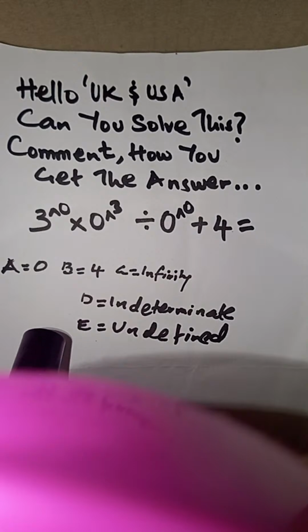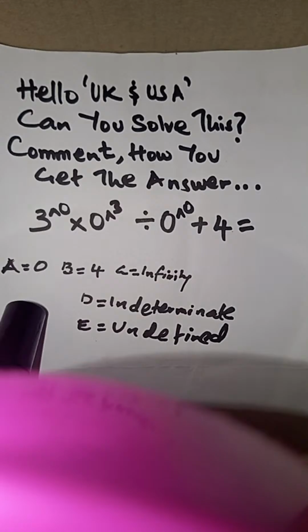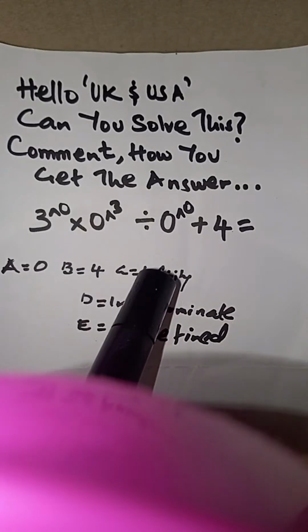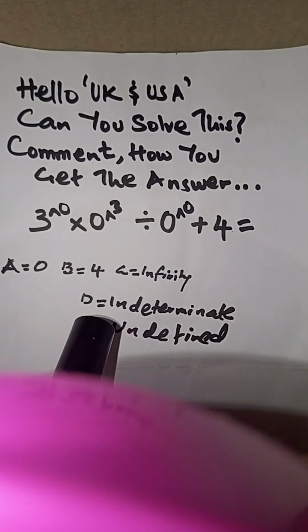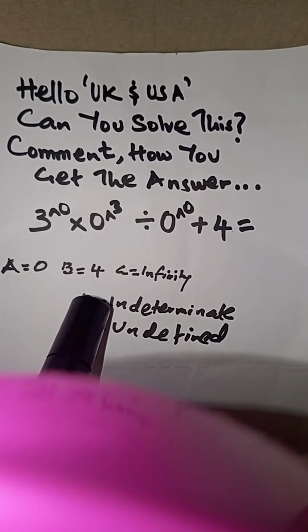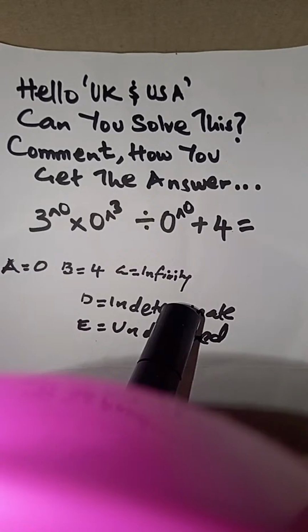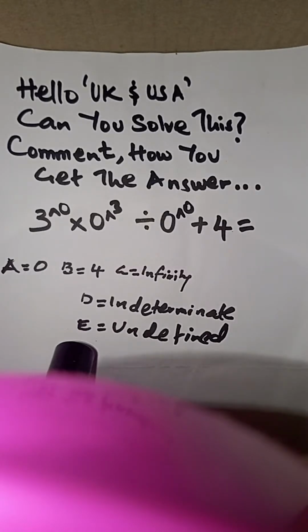Where should we settle? Is it A 0, B 4, C infinity, D indeterminate, or E?